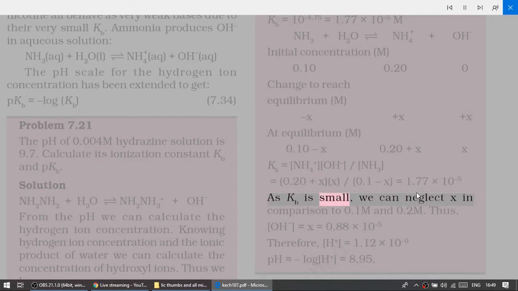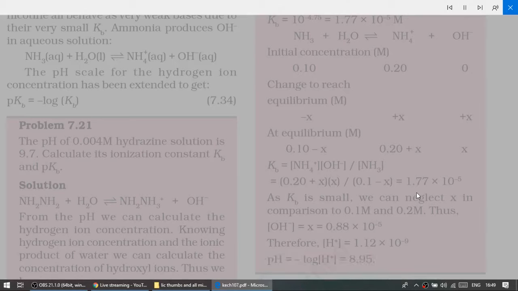As Kb is small, we can neglect x in comparison to 0.1 M and 0.2 M. Thus, [OH-] = x = 0.88 × 10^-5. Therefore, [H+] = 1.12 × 10^-9. pH = -log [H+] = 8.95.